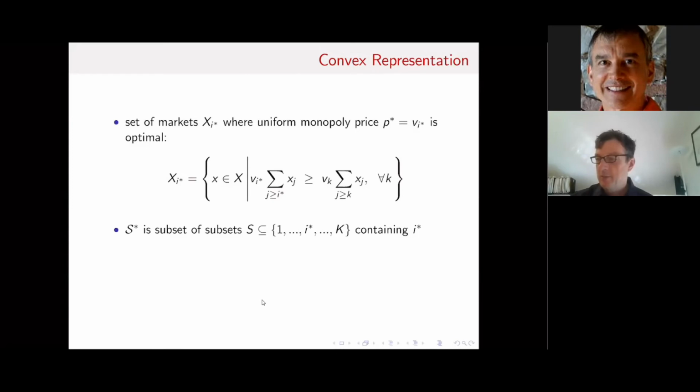And S* is a collection of subsets that contain i*. So we have a support S. If i* is included in the support, then all those sets that have i* in the support are identified by script S*.